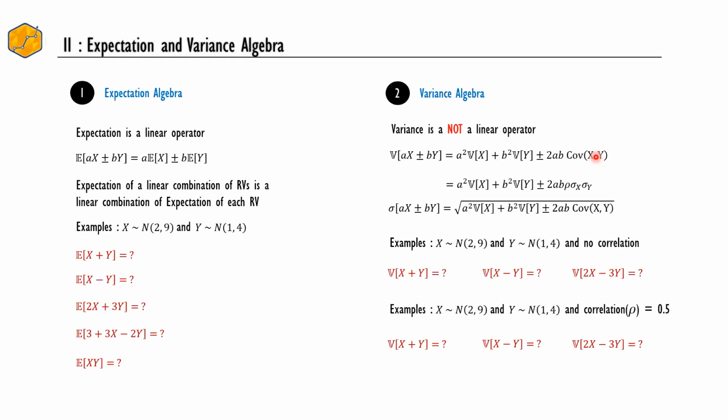Remember in 1, so 1 is normal distribution, right? We discussed a very powerful theorem, which is that a linear combination of 2 normals gives you another normal. And in the second topic, we learned about expectation and variance algebra. Let's put those 2 together and we can come up with something. So we said that a linear combination of 2 normals is another normal.